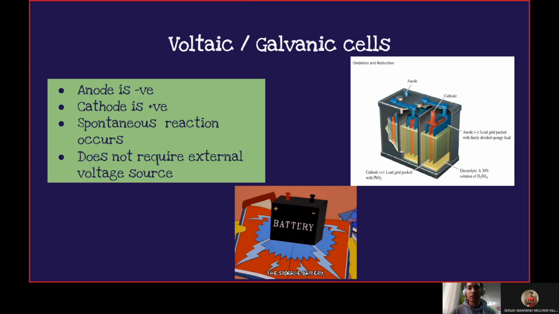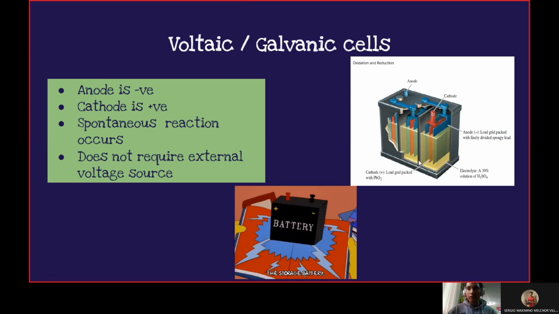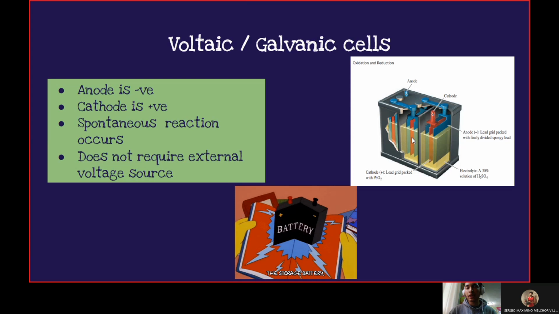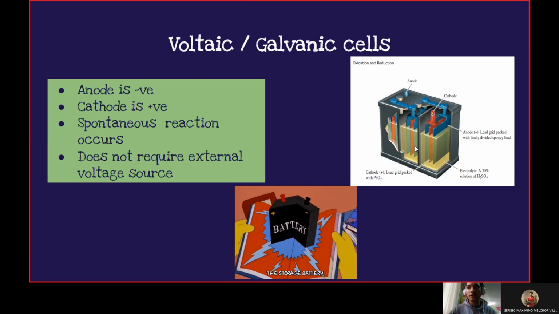This one does not require external voltage. As you can see, the cathode and anode are structured in a different way. This has an electrolyte that could be a solution, like a salt or an acid, commonly an acid. Sometimes these have panels that allow the flow of electrons in the electrolyte.